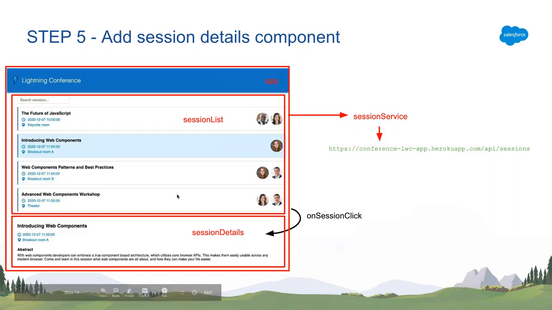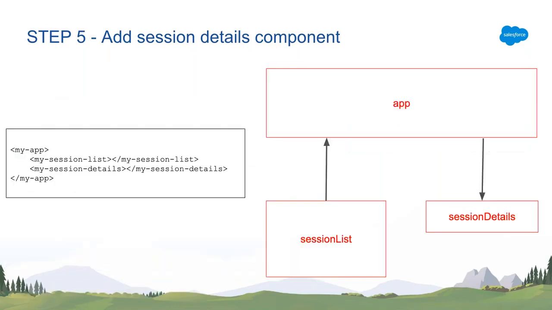So what we're going to do is to include the session list component and the session details component in the same page. We need to communicate these two components, right? Because we need to pass some information from the session list component to the details component. But sibling components cannot communicate directly in web components, right?